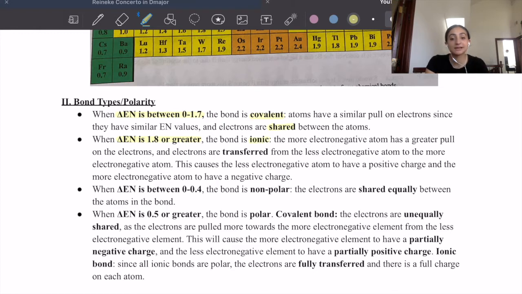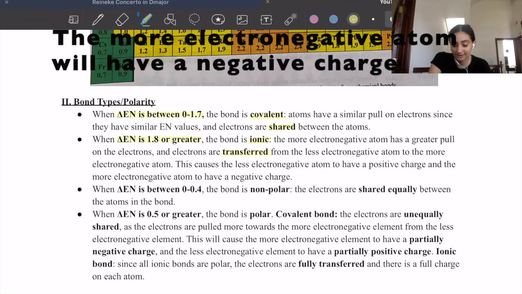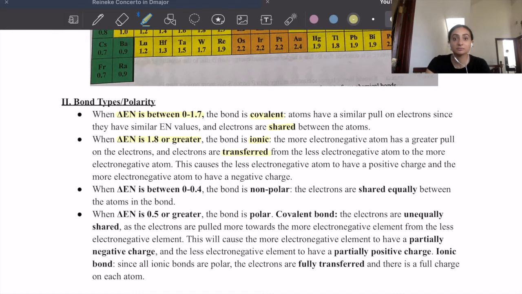And this means that the electron from the less electronegative atom will be transferred to the more electronegative atom. Then the more electronegative atom will have a slightly negative charge, and the less electronegative atom will have a positive charge, as I wrote here. So these two are bond types, and this basically classifies whether electrons are shared or if they're transferred.